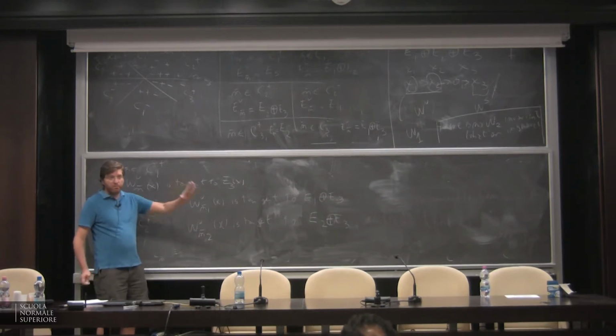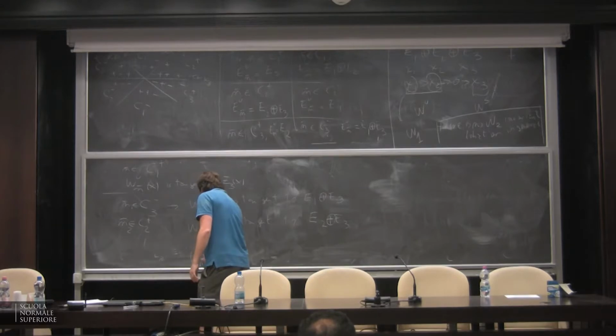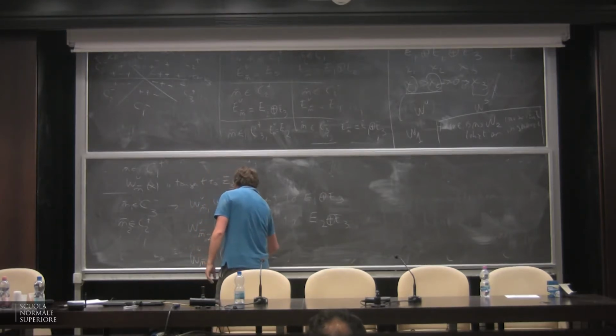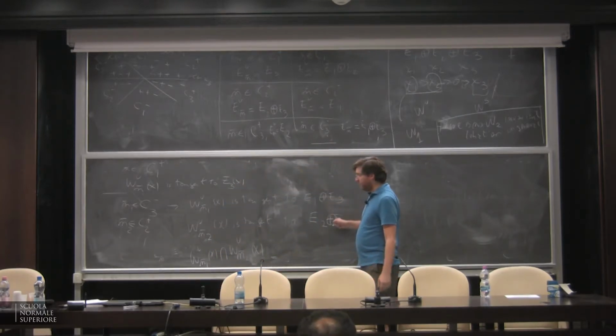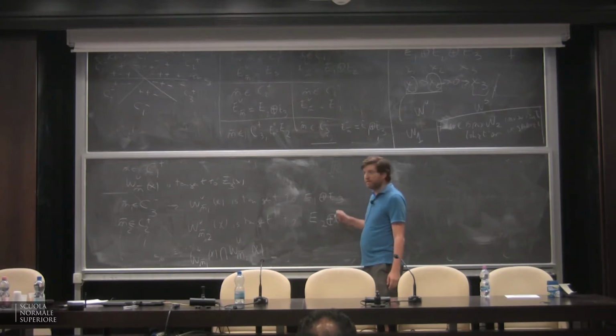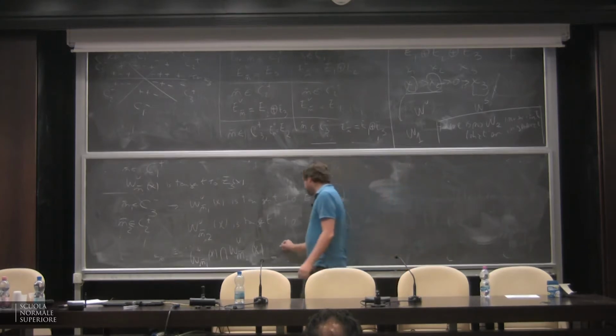Other elements may do different things, but this foliation is invariant. Now I intersect both, and what I get is a manifold which is tangent to the intersection of these two guys. The intersection of these two guys is the E3 direction. So this is tangent.